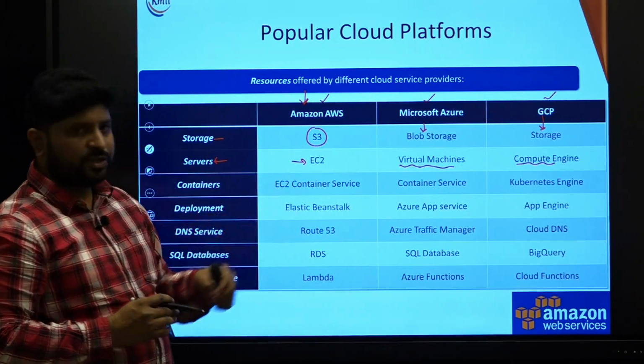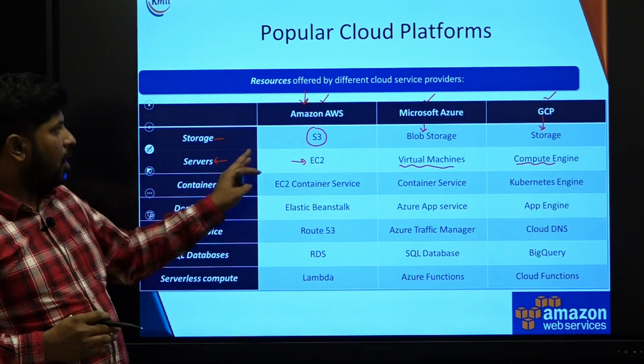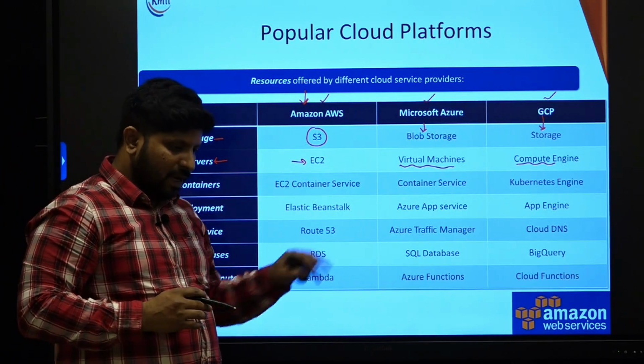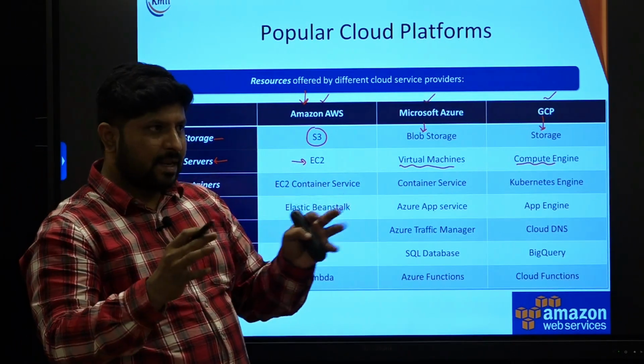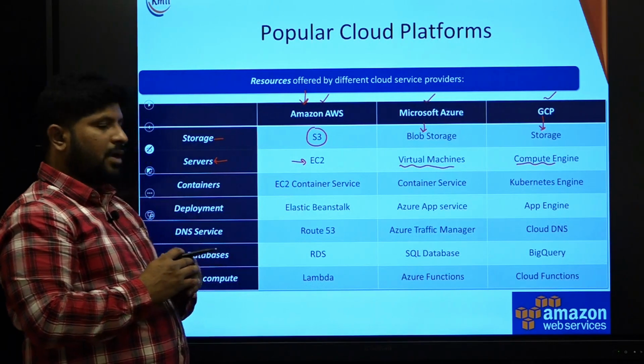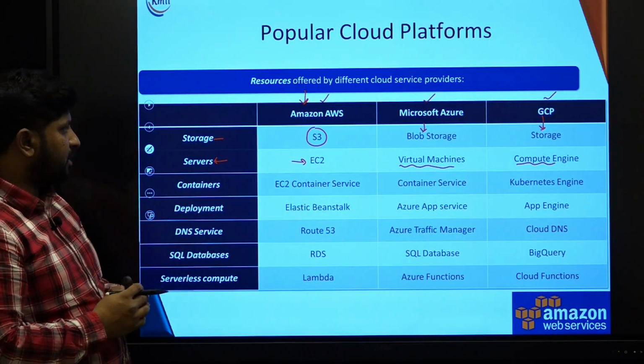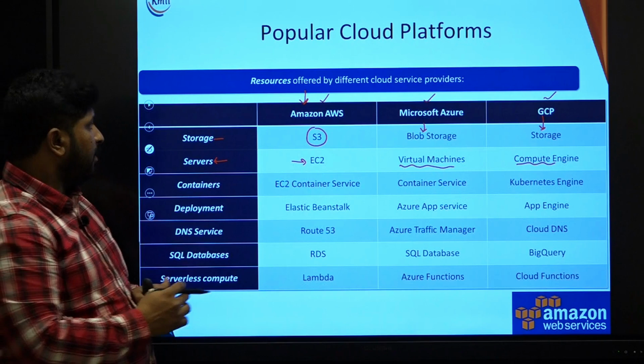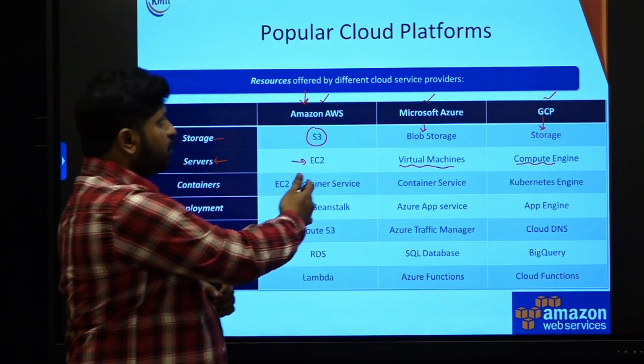But one thing which we have to focus on is, all these providers are providing a global infrastructure through the cloud as a service to their customers. But these are the similarities which we are focusing on.